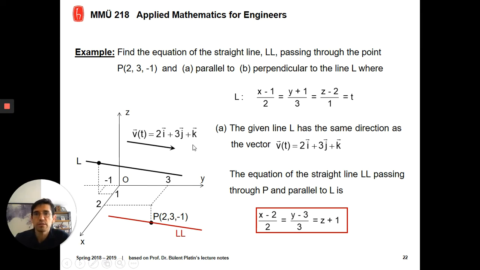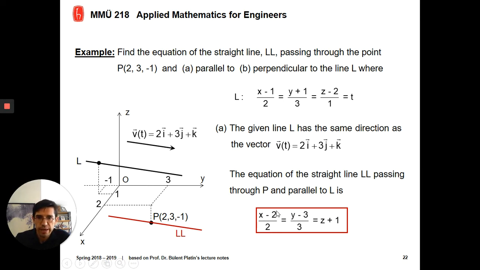So I can see that this vector is also parallel to this one. I could use the same coefficients underneath here, like 2, 3, 1, right? And then what is the specific point that I'm interested in, where this line passes through with this slope, if you will?